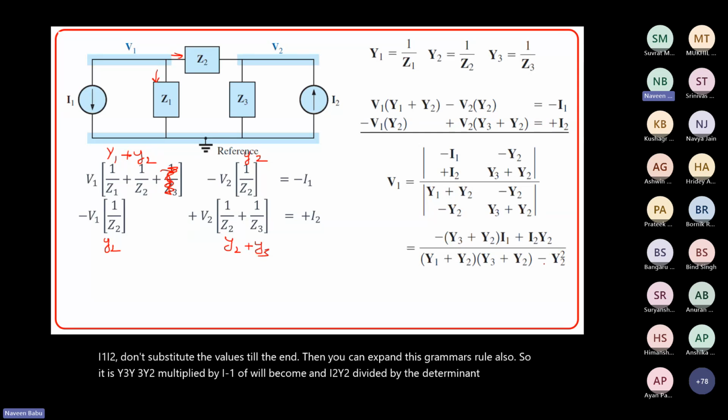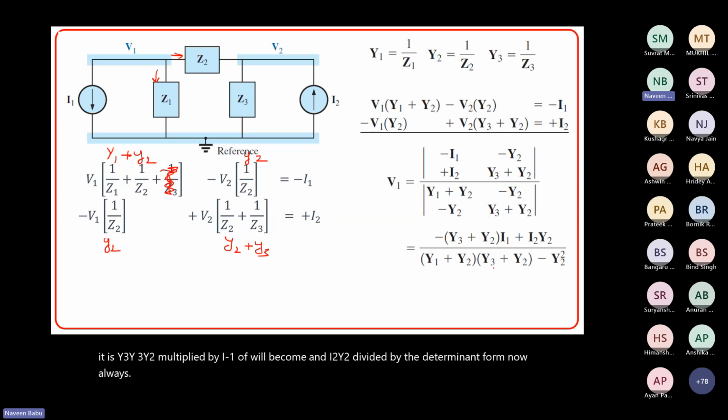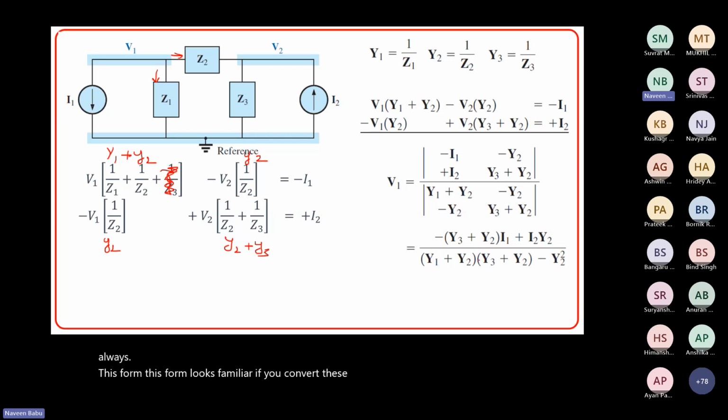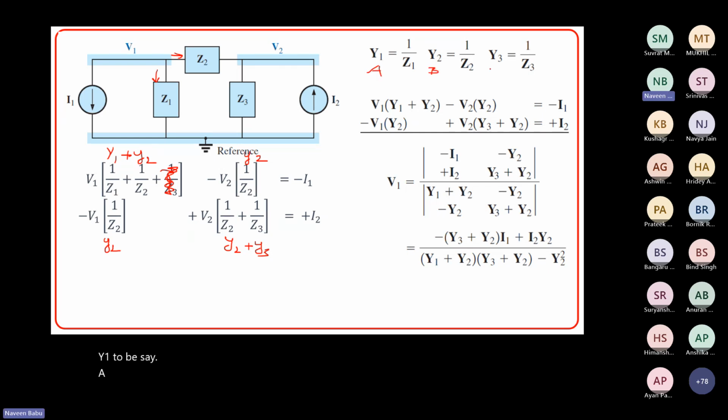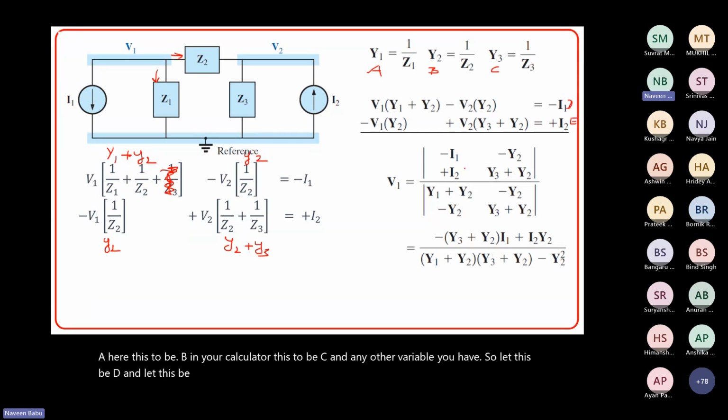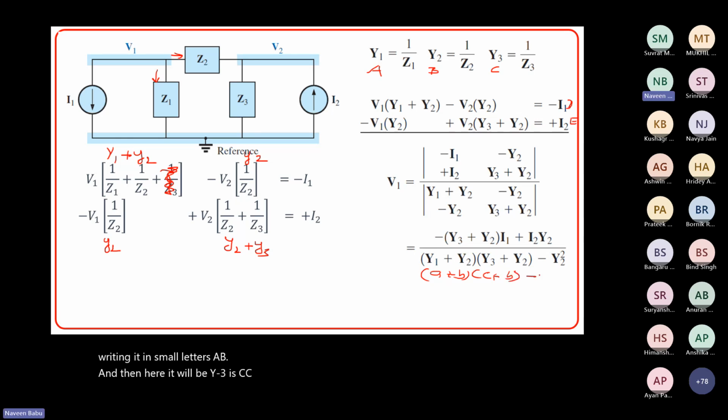Now this form always looks familiar if you convert these into alphabet variables in your calculator. Let us assume Y1 to be A here, this to be B, this to be C, and for any other variable, let this be D and let this be E. So always the pattern remains the same. I'm writing it in small letters: A plus B, and then here Y3 is C, so C plus B, minus B squared.